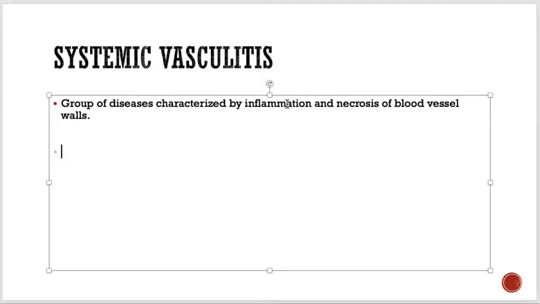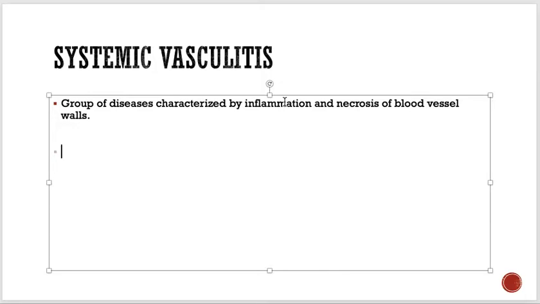How we classify them, there is a criteria called the Chapel Hill criteria. But to make it easy, whenever there is necrosis of the blood vessel walls, there are different sizes of vessels in our body: large, medium, and small.